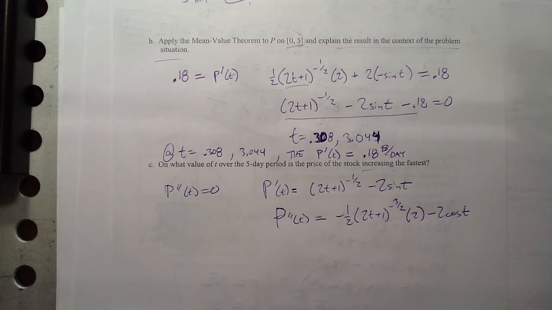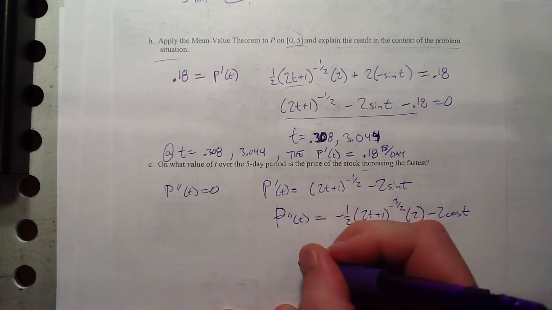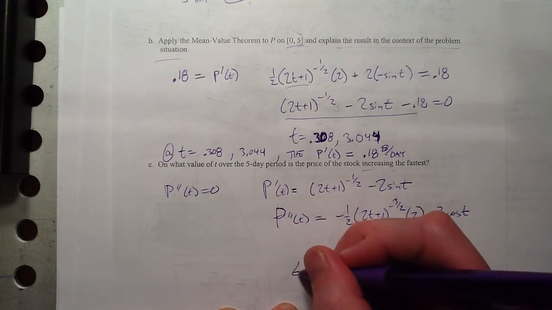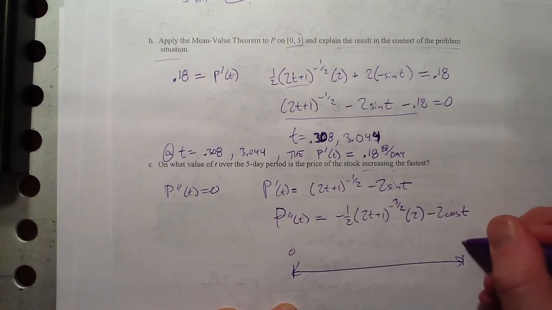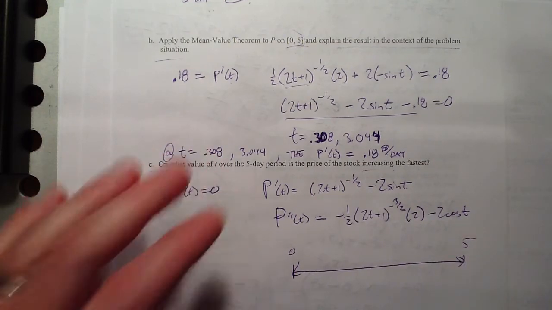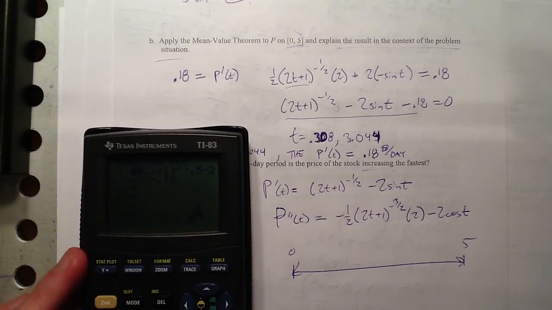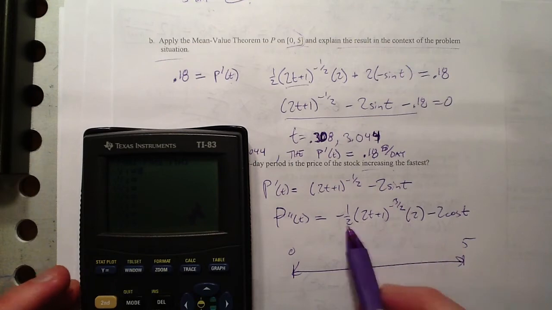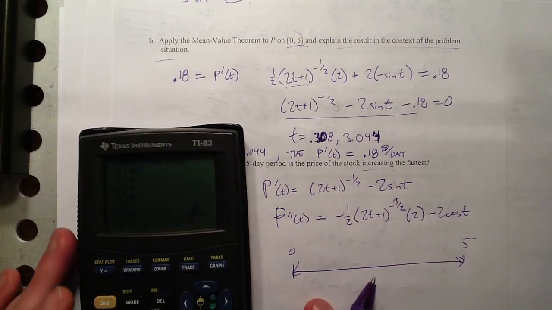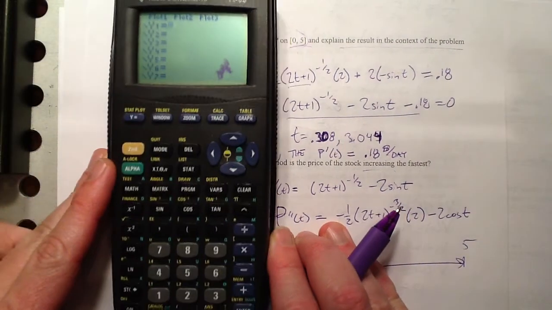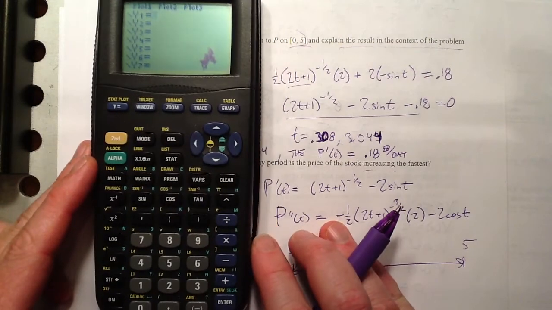So where is that equal to 0? I'll find you our number line thing. We only care about from 0 to 5, right? So let's get this out of here and let's graph this. The 1/2 and the 2 cancel out, and it doesn't matter if you can enter them into your calculator or not.